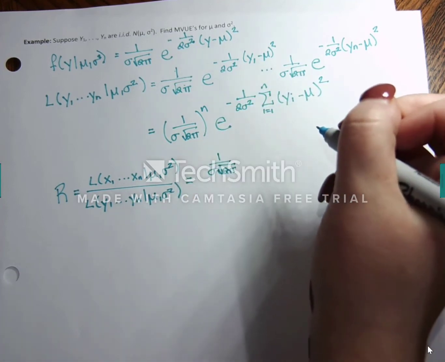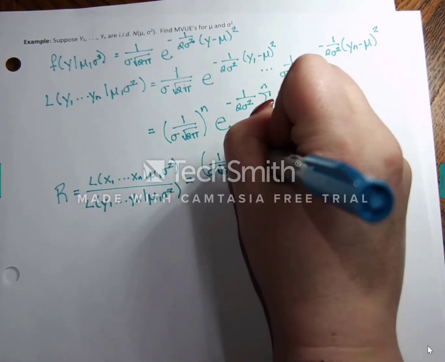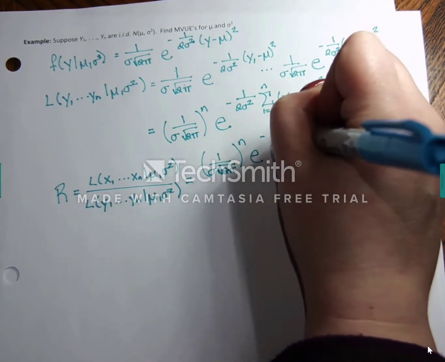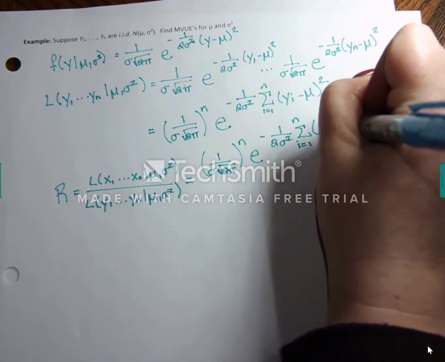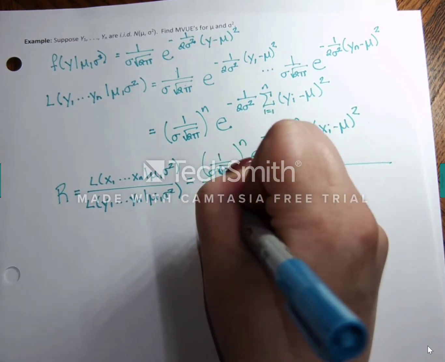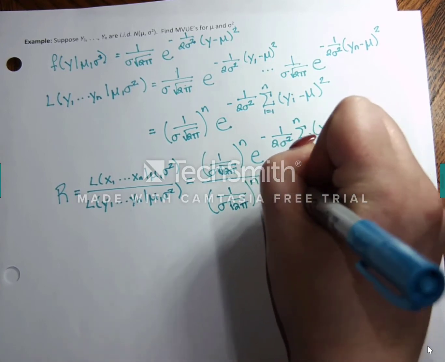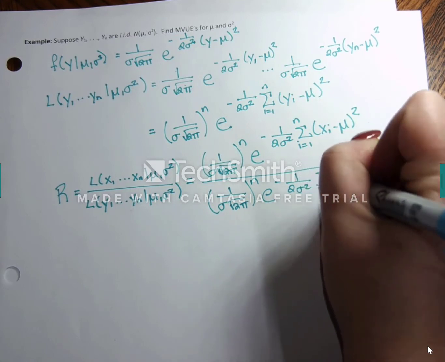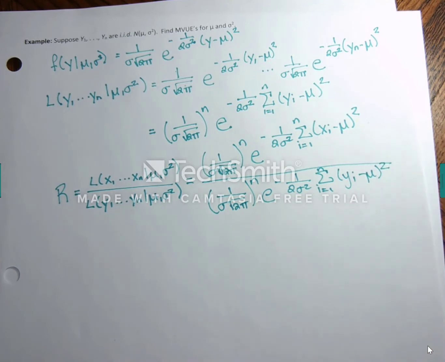We've got 1 over sigma times the square root of 2 pi to the n, e to the negative 1 over 2 sigma squared times the sum, i equals 1 to n, xi minus mu squared, over 1 over sigma times the square root of 2 pi to the n, e to the negative 1 over 2 sigma squared times the sum, i equals 1 to n, yi minus mu squared.